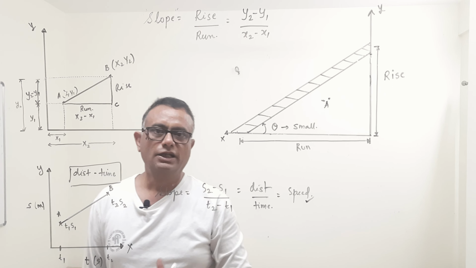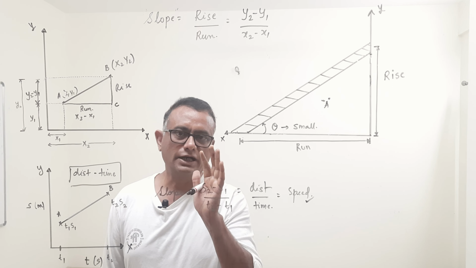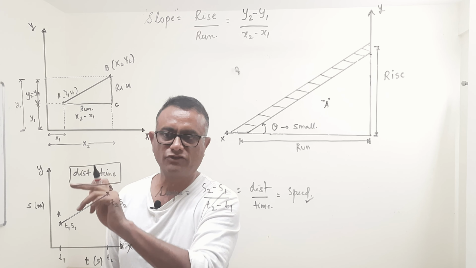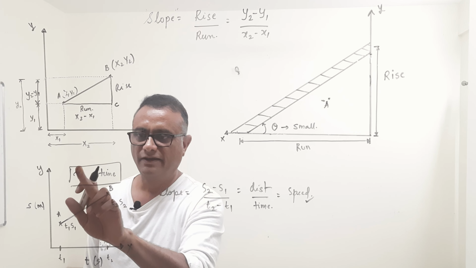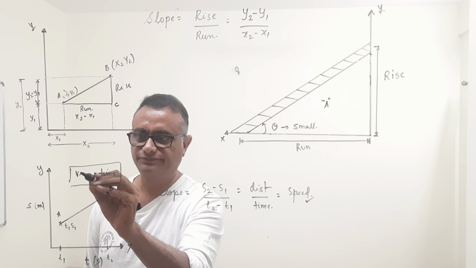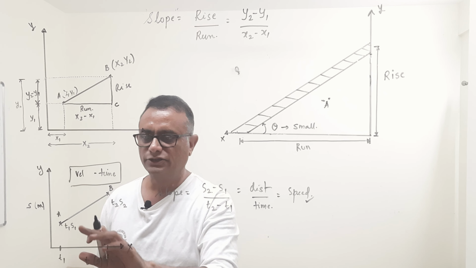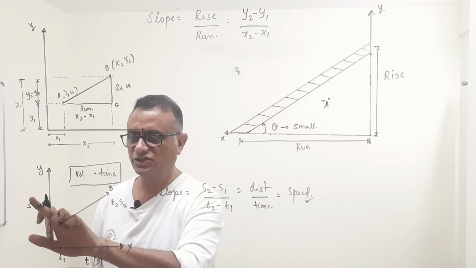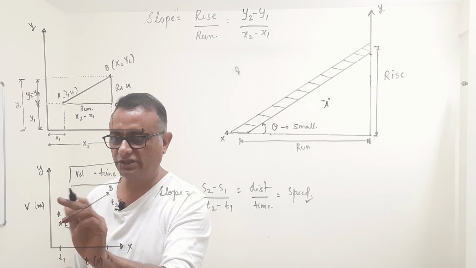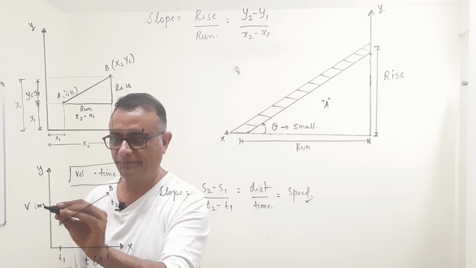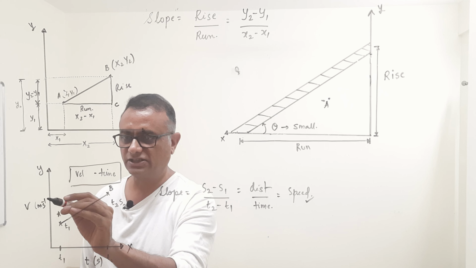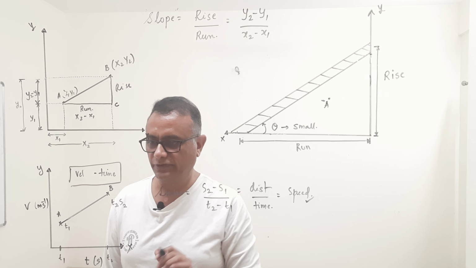All right, now let's look at a different graph. Supposing instead of distance time graph, we take a velocity time graph. Here in the y-axis we will have the velocity. Velocity will be, let's say, meters per second, and in the x-axis we will have time, so there is no problem here.